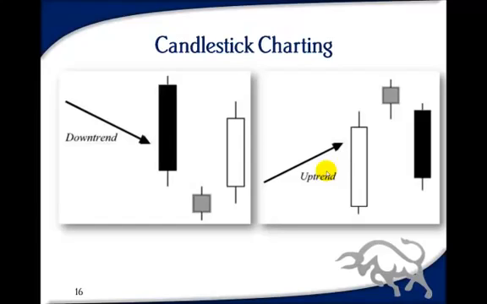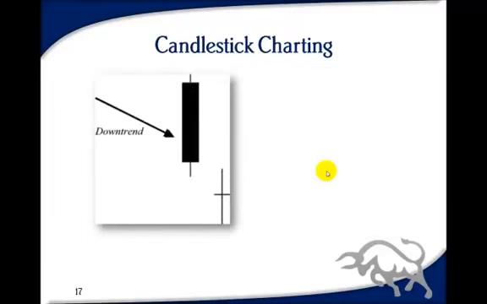They just have to be short, and above or below the real bodies of the surrounding candles. Some people don't even want a gap to the third candle to call it an evening star or a morning star. Again, those are reversals, and you can get doji stars, morning doji star and evening doji star, which is basically a doji in a trend, and then the third candle comes back.